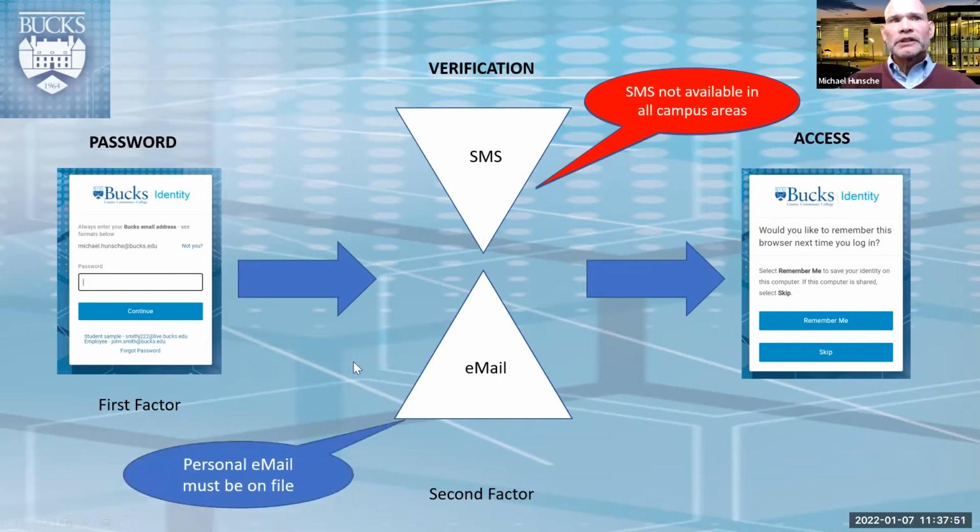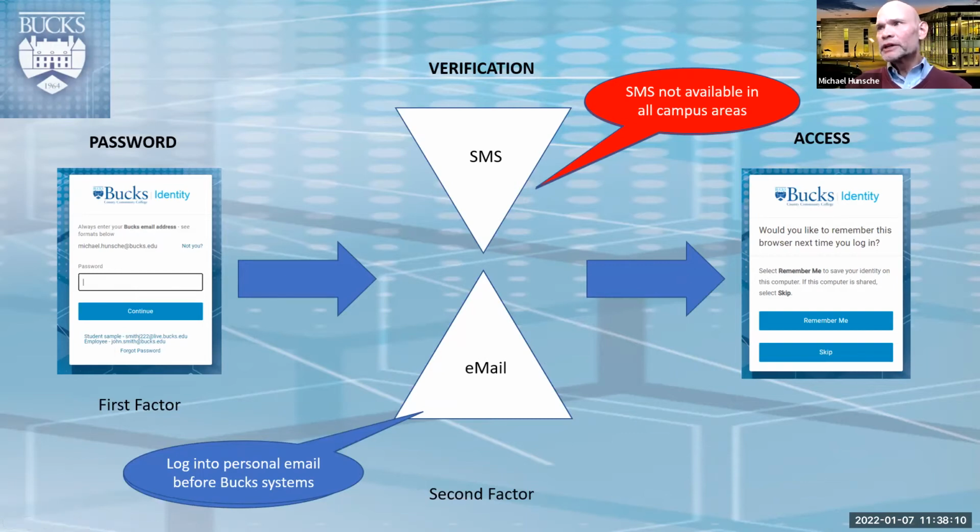Email: you have to have a personal email on file with us. It's going to send a link to that personal email that you click on. You have to be logged into that personal email before you can log into any Bucks systems. So if you go into the teacher station right now, we don't require MFA at that initial login.